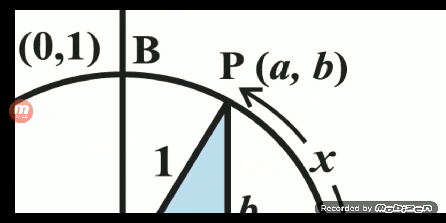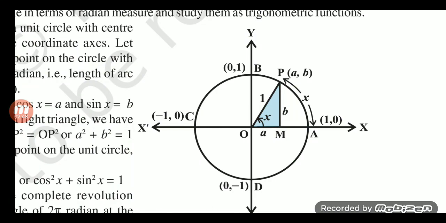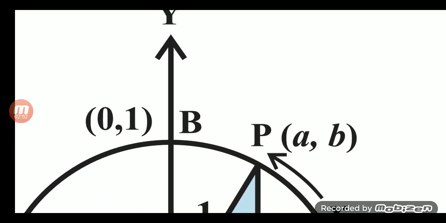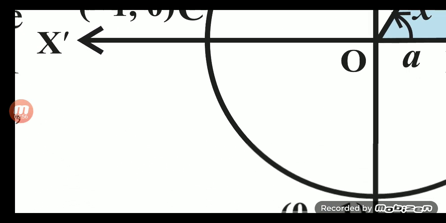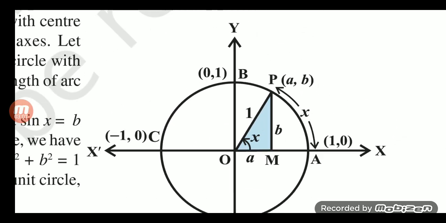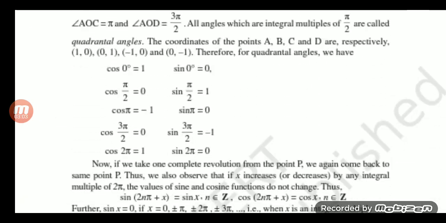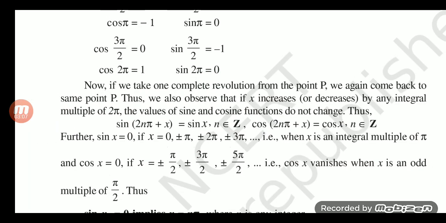It's here, right? We take this point. We take a complete revolution like this till again point P. We again come back to the same point P.